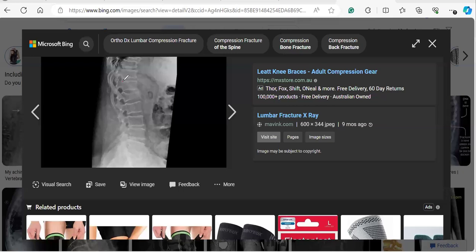See this one. So this vertebra, the vertebral height is normal. This one is also normal. But if you look at this vertebra, see this vertebra having loss of height, that's compression fracture. Okay? So that's how compression fracture usually will present.